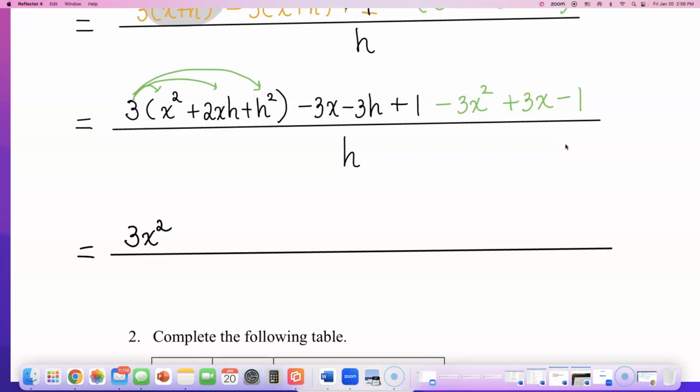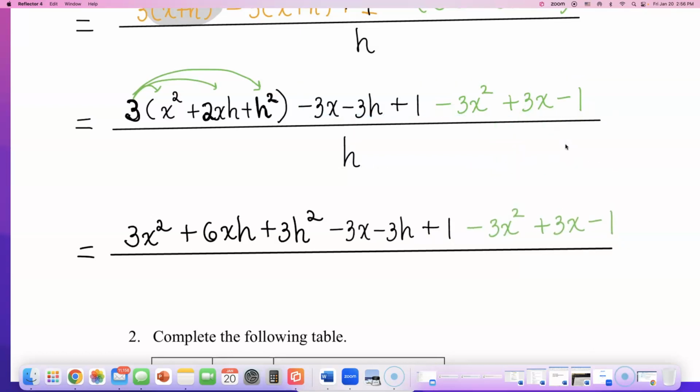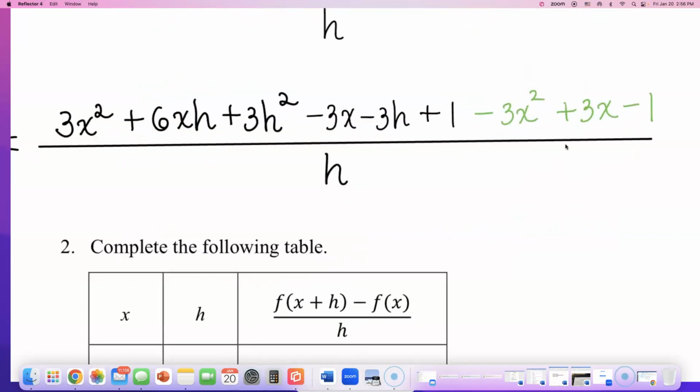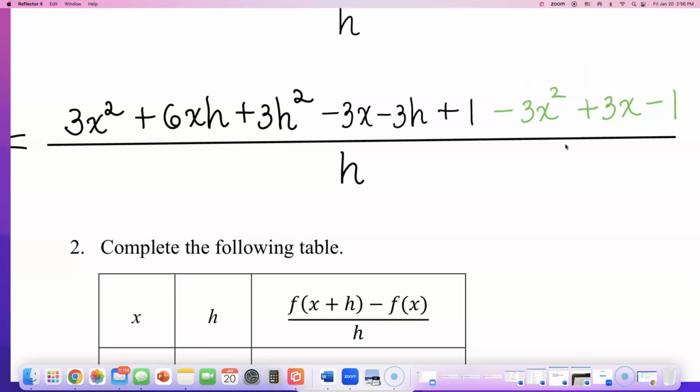If we multiply 3 times 2, that will give me 6xh. And 3 times h squared is plus 3h squared. I'm going to just duplicate all the rest of this down. Copy it down. All over h.